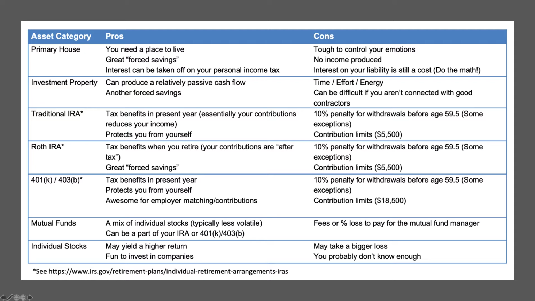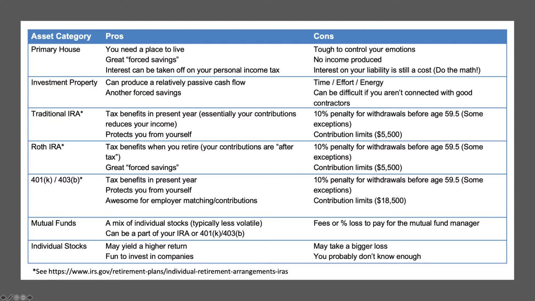So again, check. Each of you are going to have different tax situations upon graduation. So if you're not good with taxes yourself, you need to definitely consider working with an accountant.